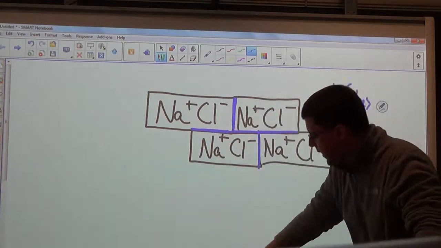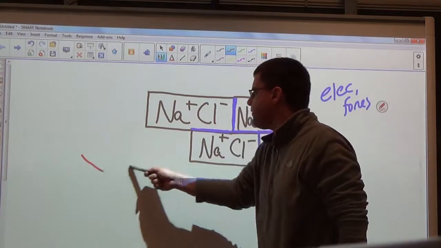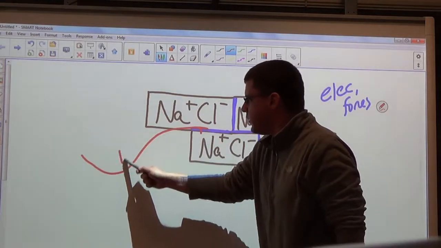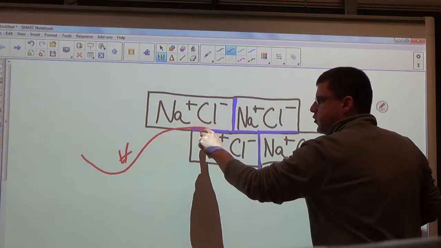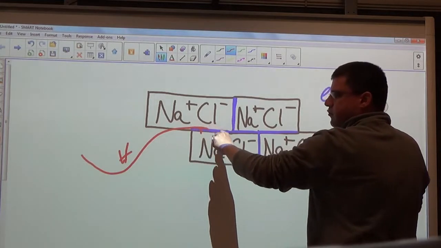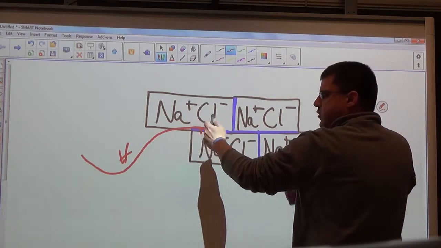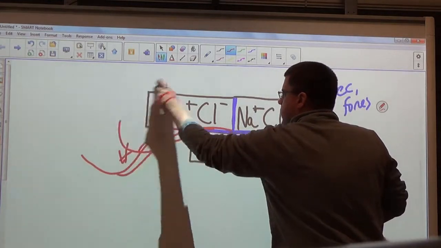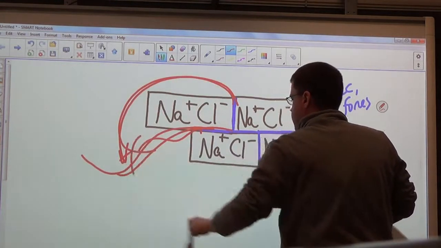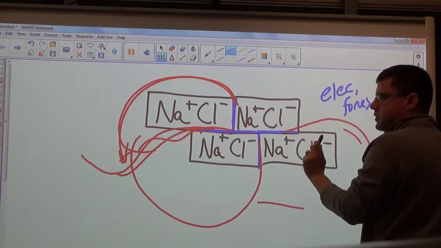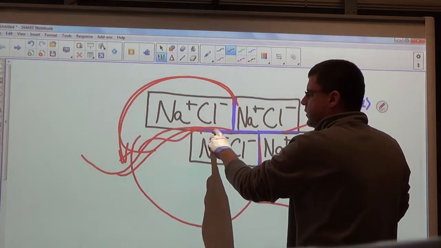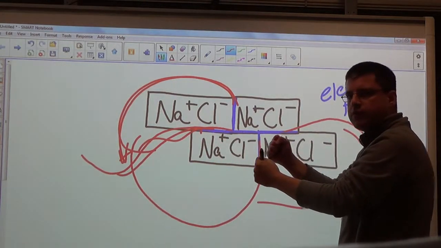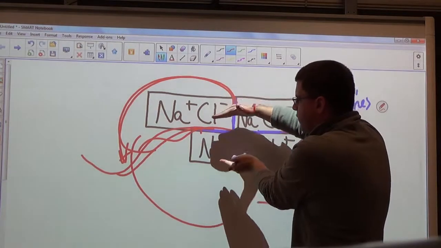So it's going to take a significant amount of heat to enter this system to reduce these attractions. So we add the energy, and as we add more heat and more heat, these electrostatic forces decrease because we're adding energy to the system.